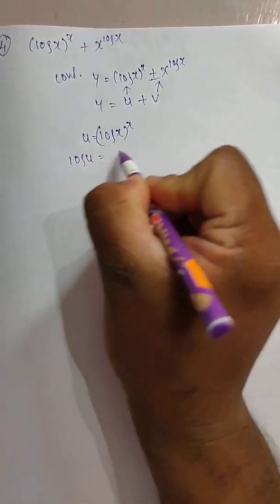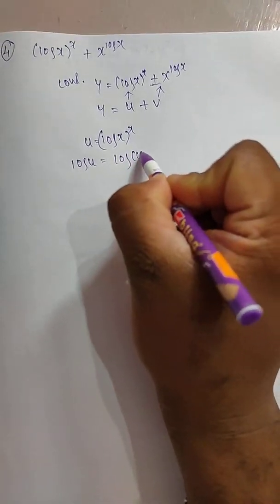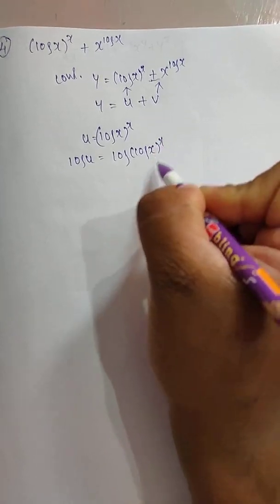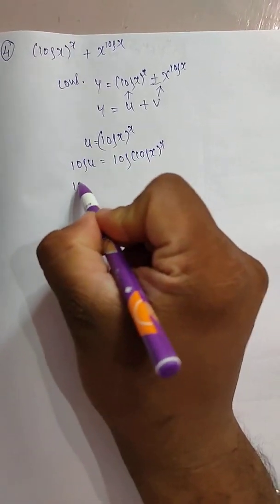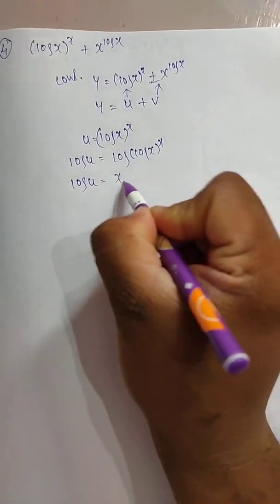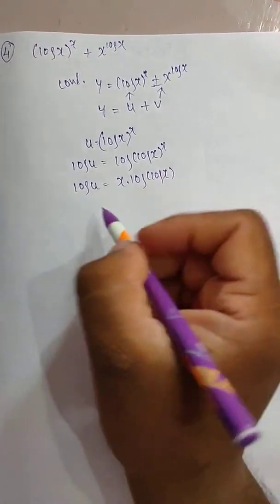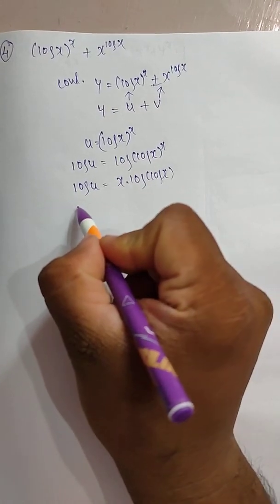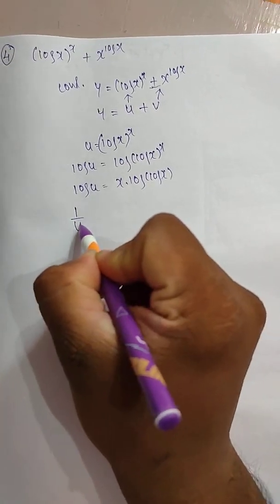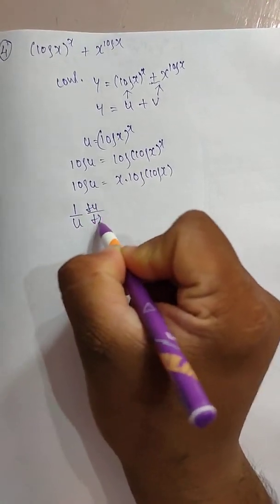Log u is equal to log of (log x) to the power of x. Applying the third property of logarithm, log u is equal to x into log of log x. Now differentiate with respect to x. The differentiation of log u is 1 by u into du by dx.